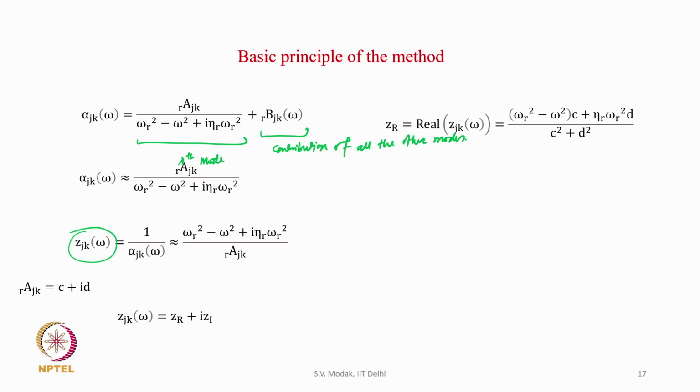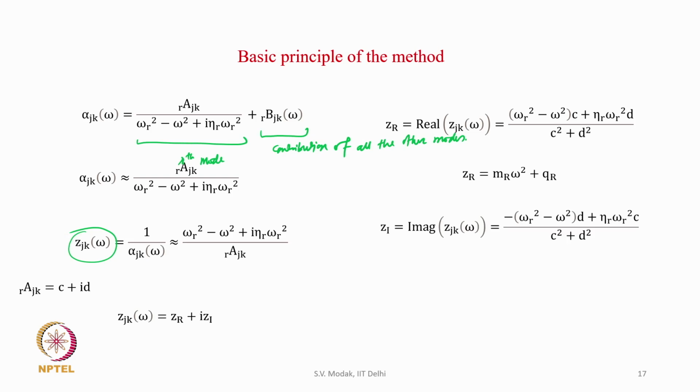We see that this right hand side is a linear function of omega square. So, ZR and omega square are linearly related, and therefore we can write ZR is equal to mr omega square plus QR. So, mr and QR are the slope and intercept respectively of the line between ZR and omega square.